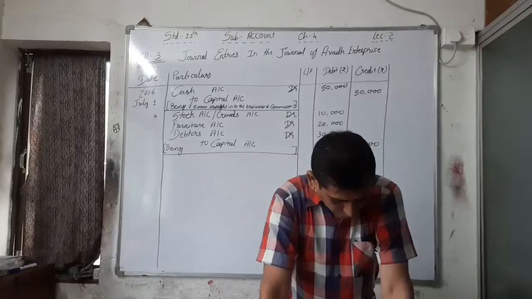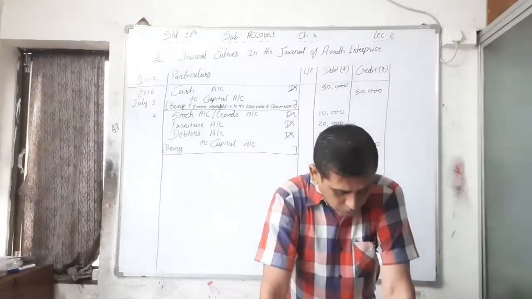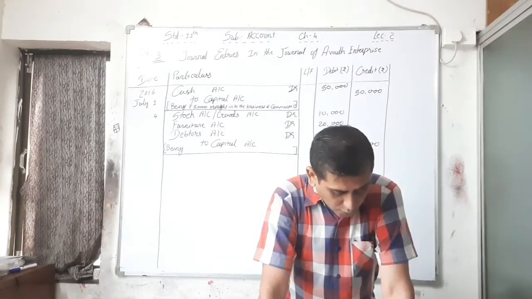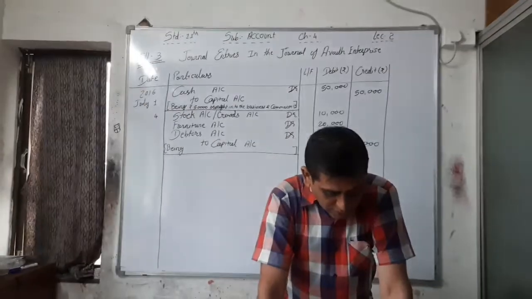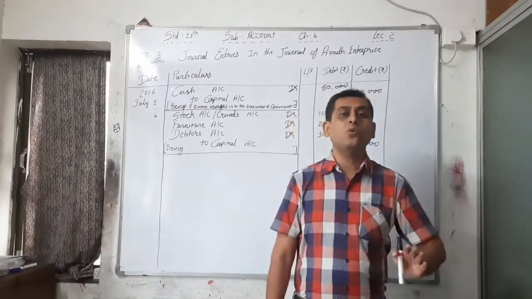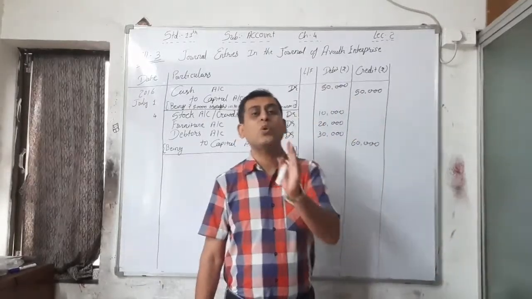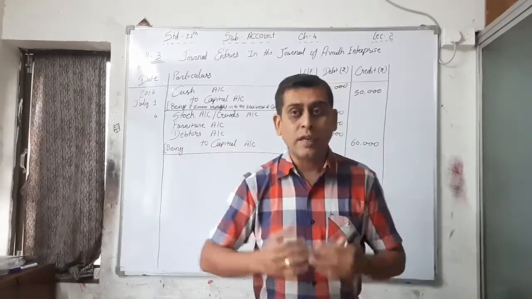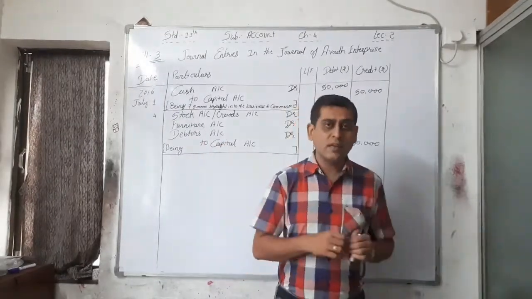Next one. That is 10th entry. Sold bike of rupees 20,000 for 15,000, out of which 10,000 introduced into the business. See, whatever the owner does personally, we don't have to write that into our journal entry. I am the owner of my business, right?